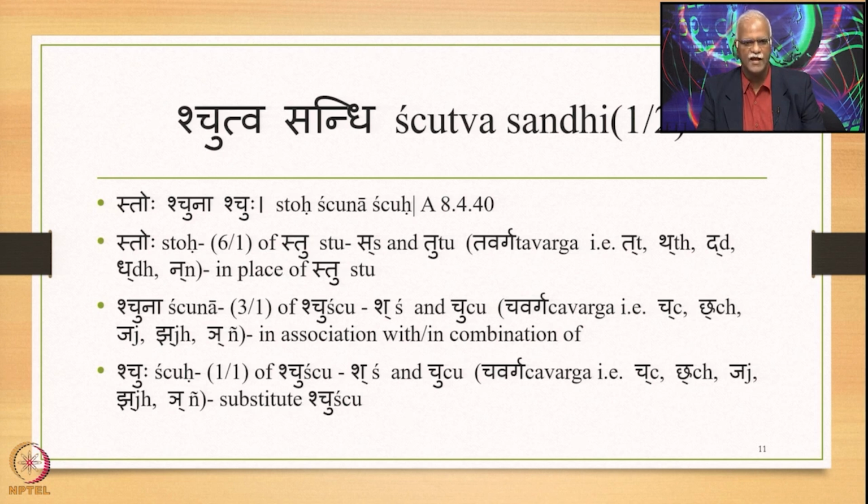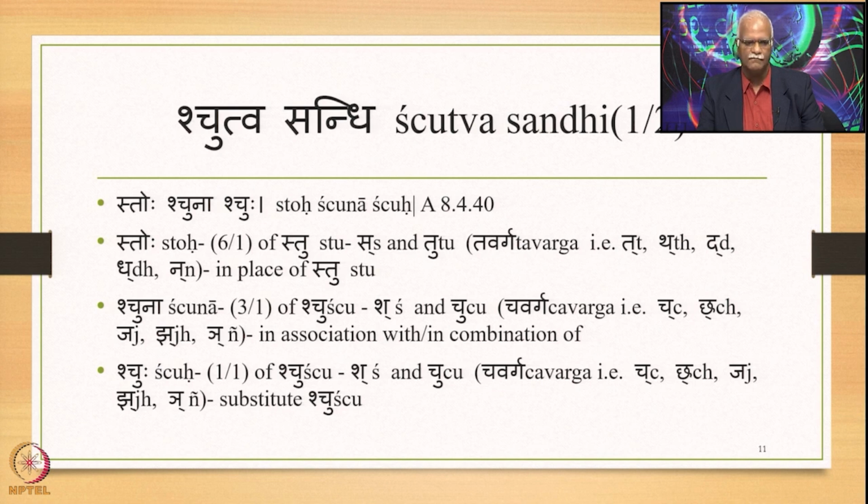Shchuna is 3/1 of shchu. Shchu is sh and chu. Chu is chavarga, that is ch, chh, j, jh and y. So what shchuna means is in association with shchu or in combination of shchu.